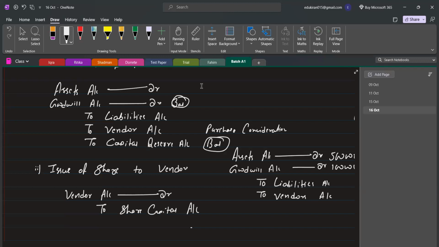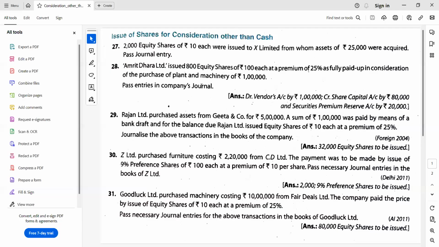Okay, so question number 29. Rajan Limited purchased assets from, actually, let me share this question with you because this will be your homework also, this PDF.